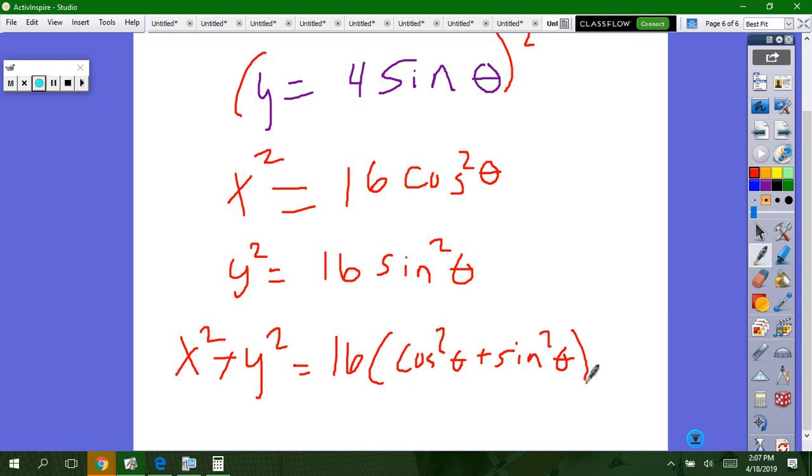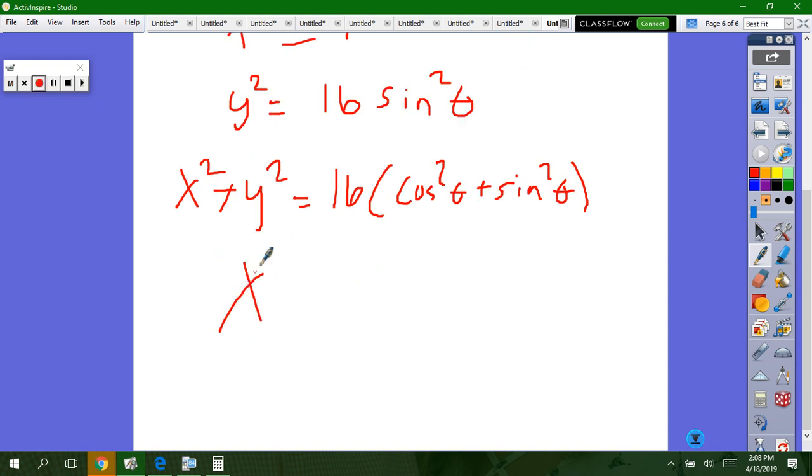Cosine squared plus sine squared, we can eliminate the parameter by saying sine squared plus cosine squared is 1. So therefore this is equivalent to x squared plus y squared equals 16, which is an equation of a circle with radius 4. And isn't that what we graphed?